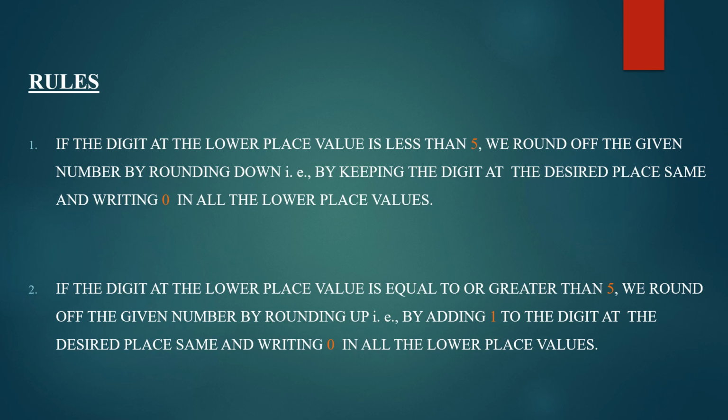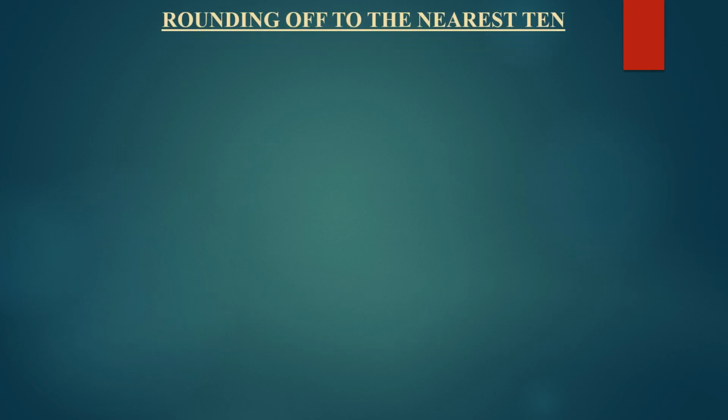We add 1 to the tens place, so the digit changes by one, and after that we put zeros in the ones place. Okay, it will be more clear when we come to the examples. So now we move on to the examples. Along with that we will be learning 3 types. The first one is rounding of a number to the nearest 10.